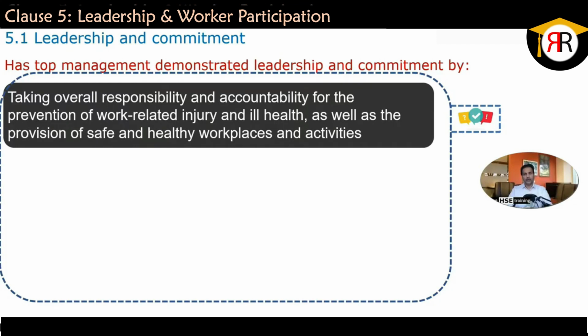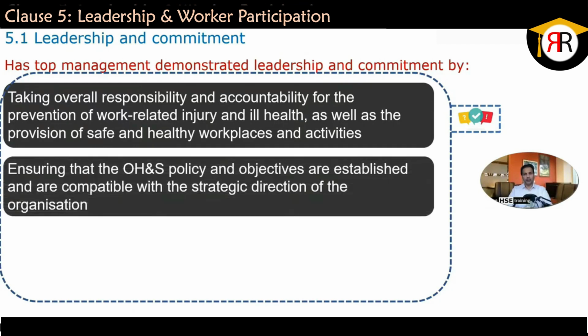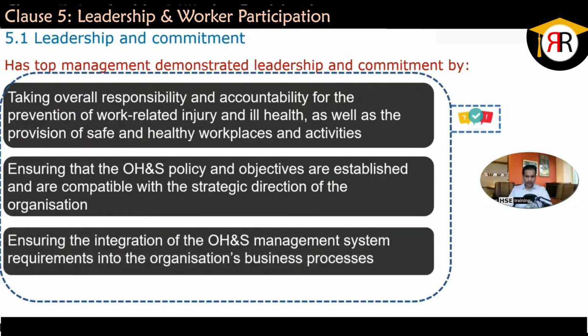Has top management demonstrated leadership and commitment by ensuring that the policy and objectives are established and are compatible with the strategic direction of the organization? And has it ensured the integration of the OHS management system requirements into the organization's business processes?